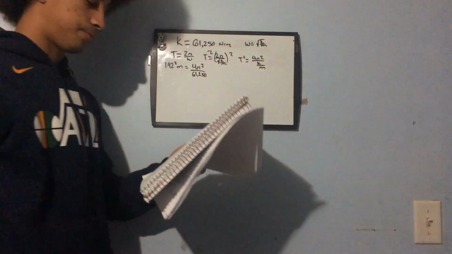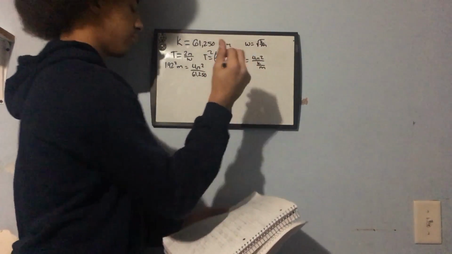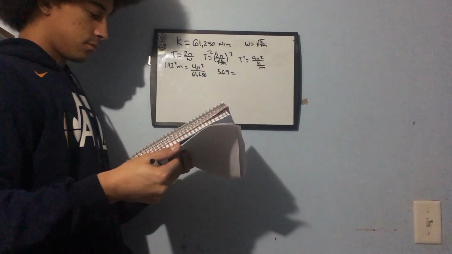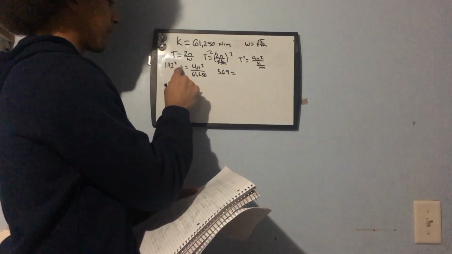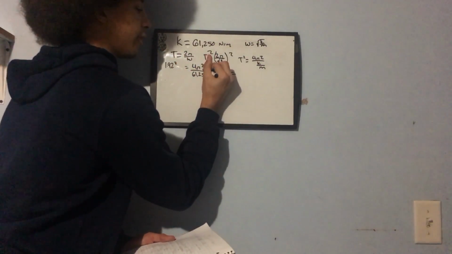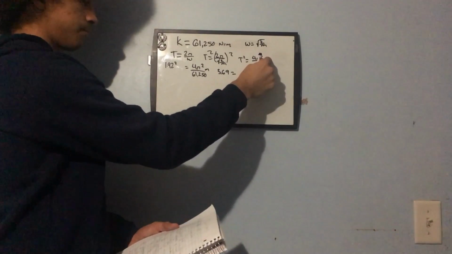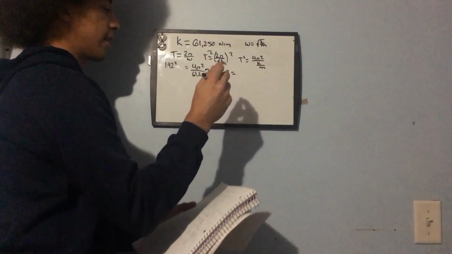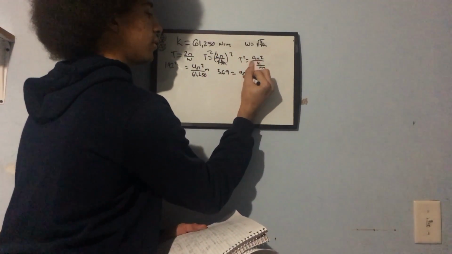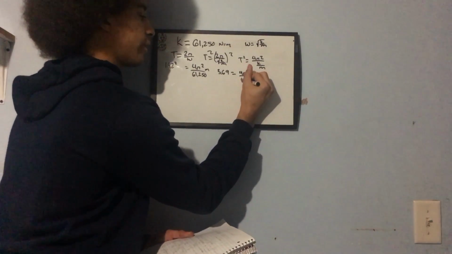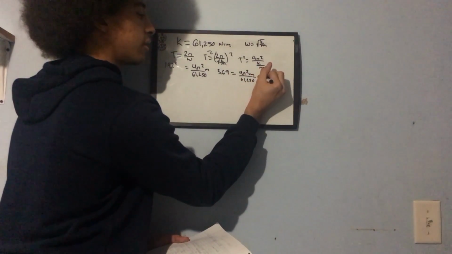So we get 3.69 m equals... now actually the mass would come up here since it's over k on the bottom, so the mass would just come up to here. So we have 3.69 equals 4 pi squared m over 61,250. Multiply both sides by 61,250.